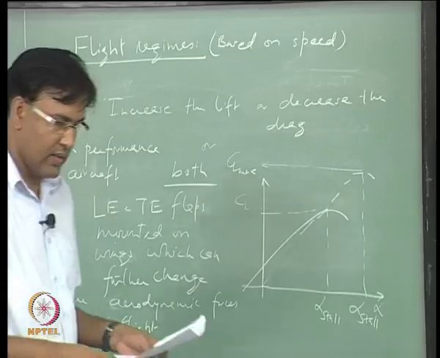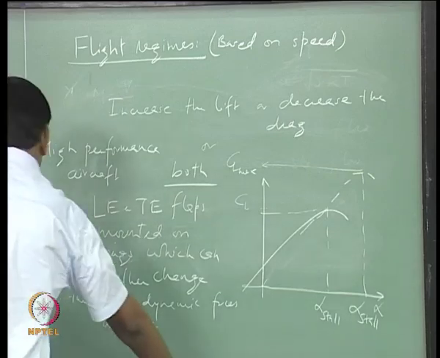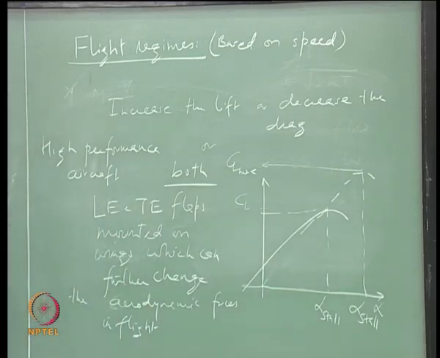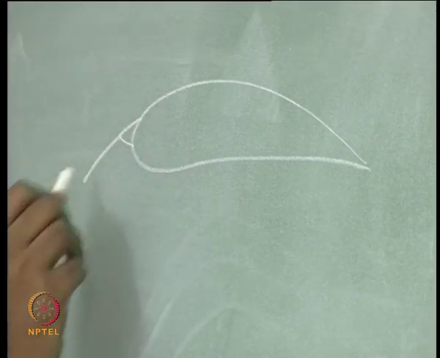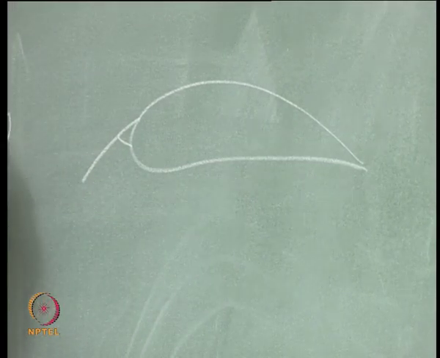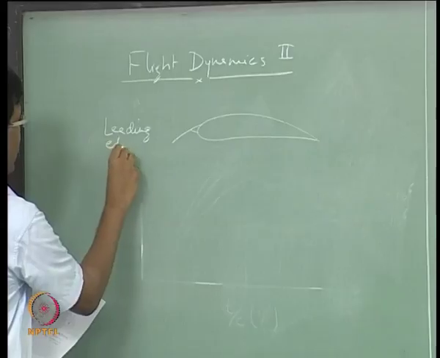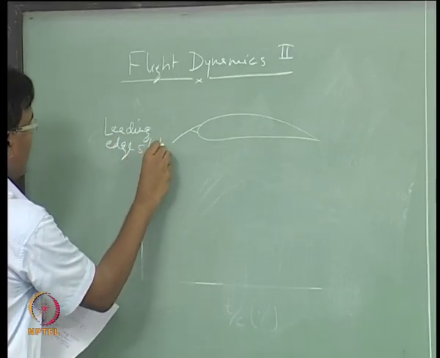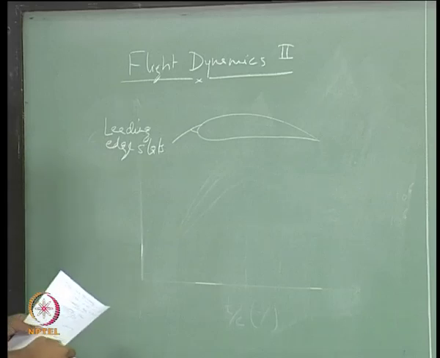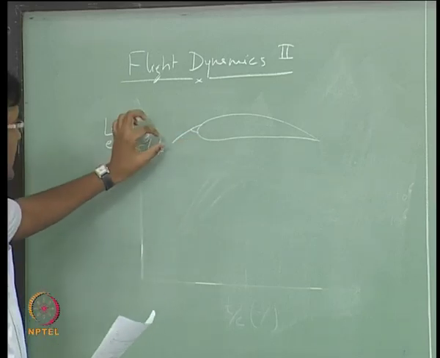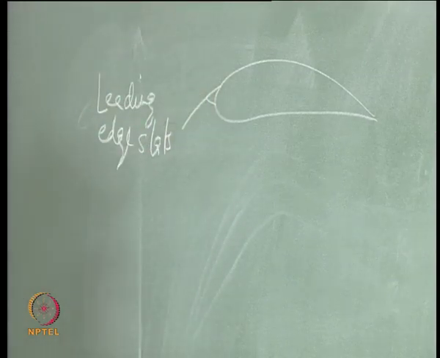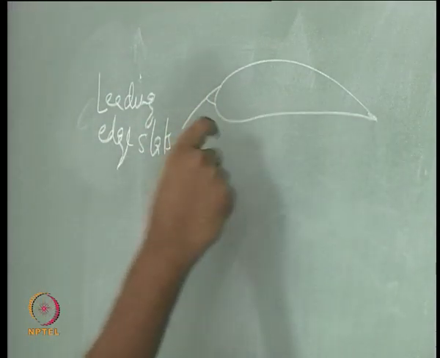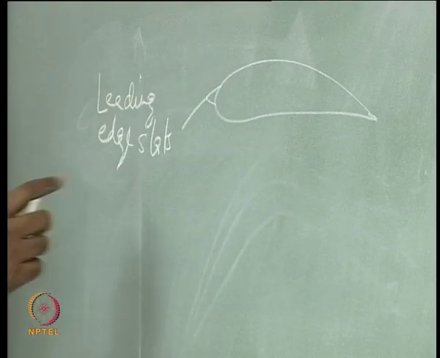Some of the examples of these flaps are: this kind of arrangement, where there is a thin curved surface lying in front of the leading edge of the wing, is called a leading edge slat.